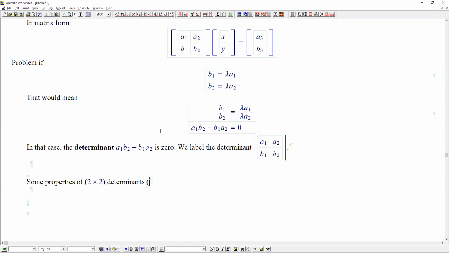These properties scale for higher orders, but I think you'll be happy that we just look at them in 2x2 matrices. That's enough, and trust me, they work in higher orders. But we don't have time to prove everything.